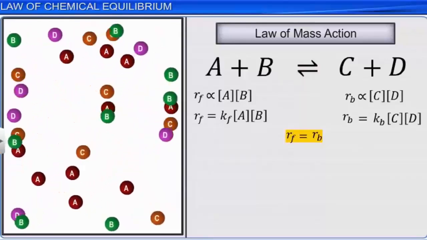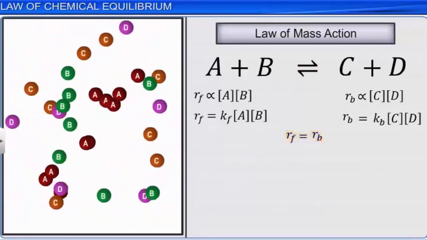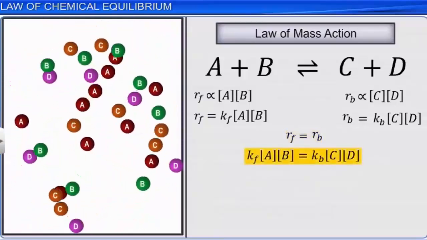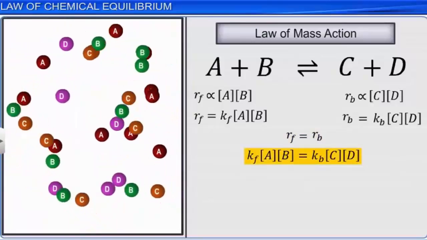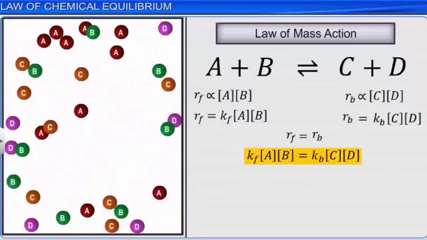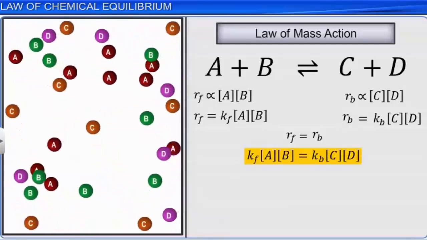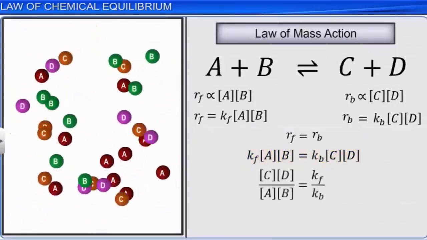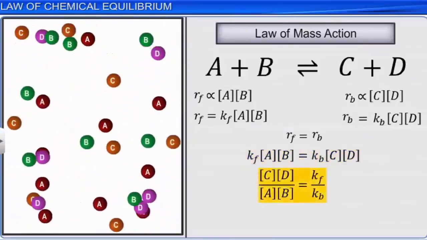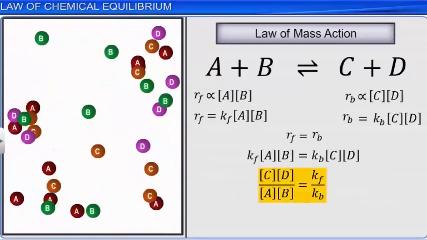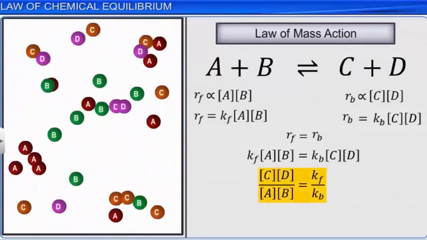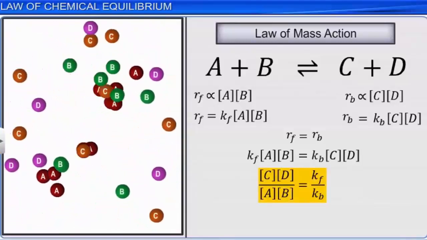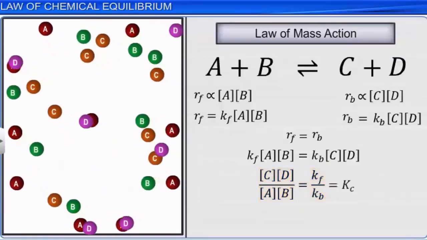That is, Kf multiplied by the product of concentrations of reactants A and B is equal to Kb multiplied by the product of the concentrations of C and D. Or this can be written as the product of the concentrations of products C and D divided by the product of the concentrations of reactants A and B is equal to Kf divided by Kb, which is equal to a constant Kc.